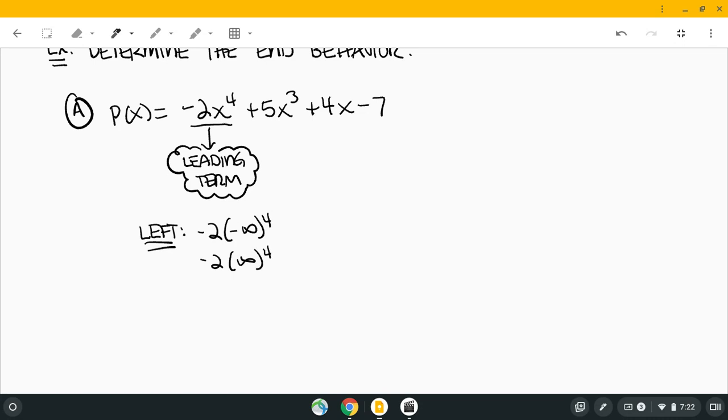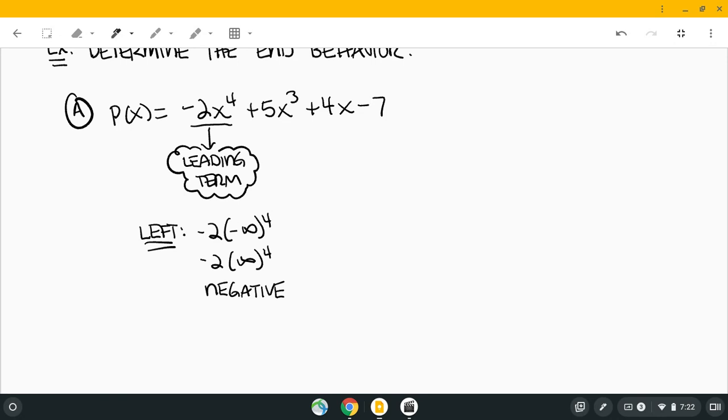And then we get this very big number, right? Positive infinity to the fourth is just even bigger, right? It's infinity. But then times negative 2 just gives us a negative result. And that's all we're really trying to figure out. What sort of result do we get? Do we get a negative result or a positive result? Okay.